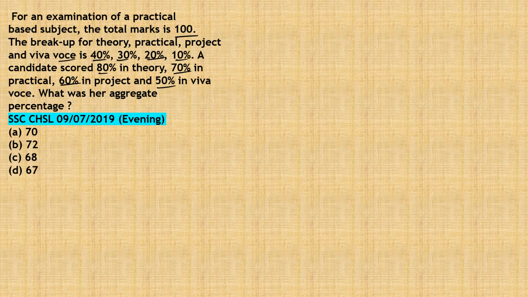We need to find the total percentage she got of the total marks, that is 100. 100 marks are divided into 40% plus 30% plus 20% plus 10%, which is 100%, equal to 100.